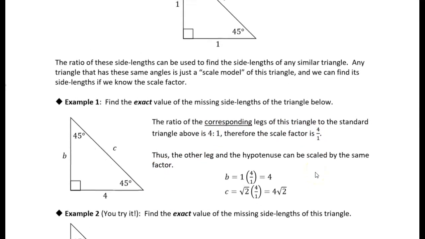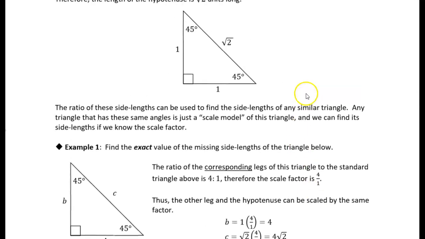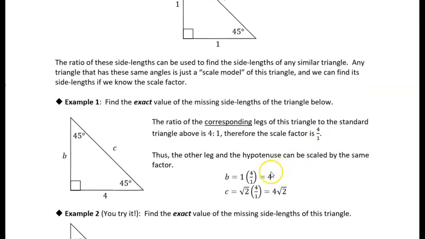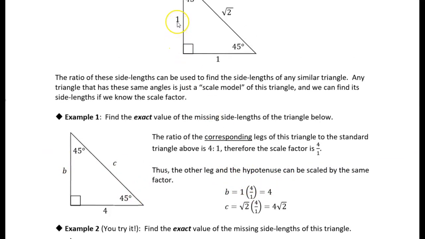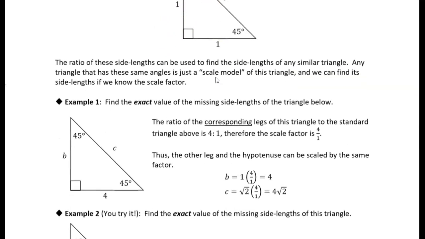So to get the lengths of the other sides of the triangle, we just basically take this basic 45, 45, 90 triangle where the ratio of the sides is 1, 1, square root 2, and we just scale those sides up by a factor of 4. So you can see that side B just becomes 4 times the corresponding side in this basic triangle.